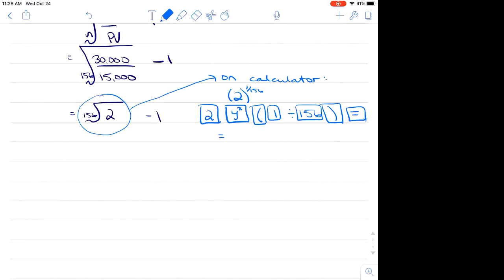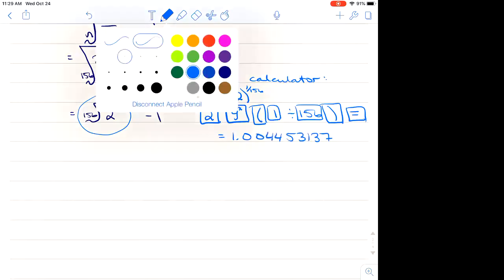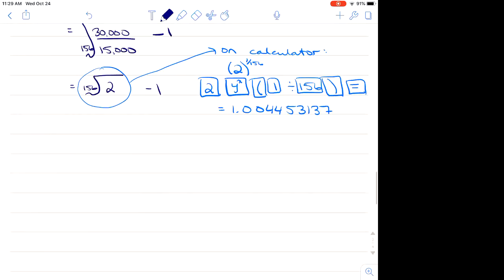So I get 1.004453137. The 156th root of 2 is 1.004453137. So I'll just write that in here, 1.004453137 minus 1.